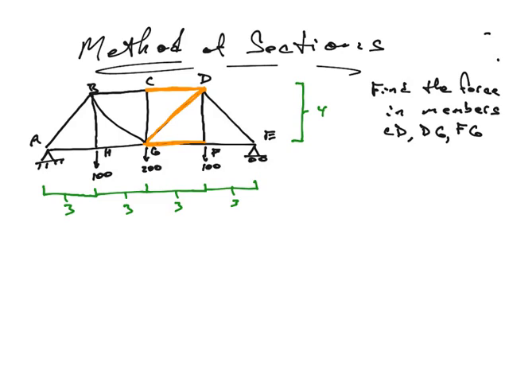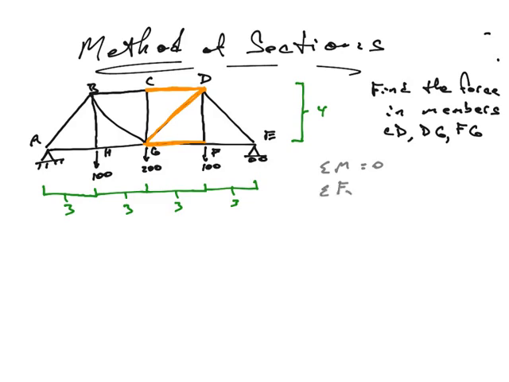Okay. Now, the first thing to note is the method of sections at most allows you to solve for 3 unknown members. Why is this? Because just as is true with the rest of statics, we only have 3 equations. The only equations we have are the sum of the moments equals 0, because of course we don't want our truss to rotate.